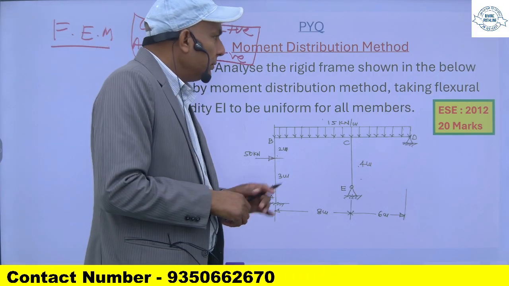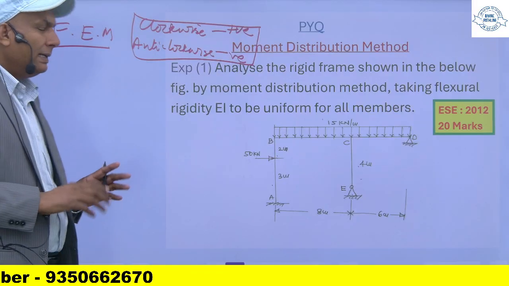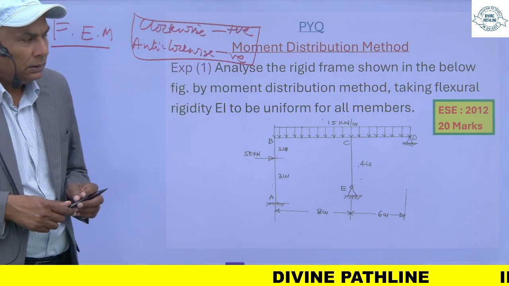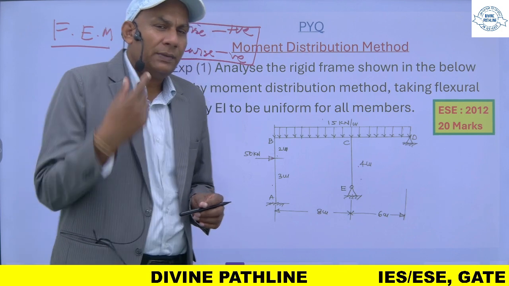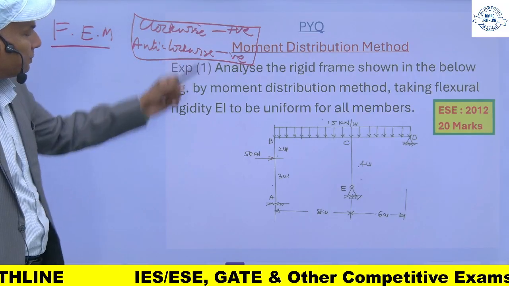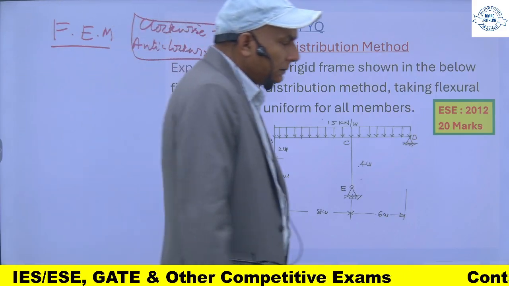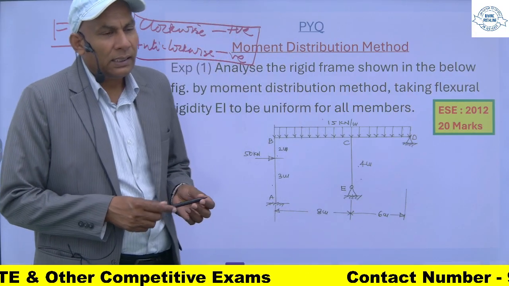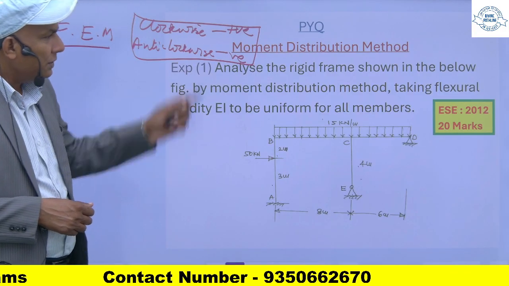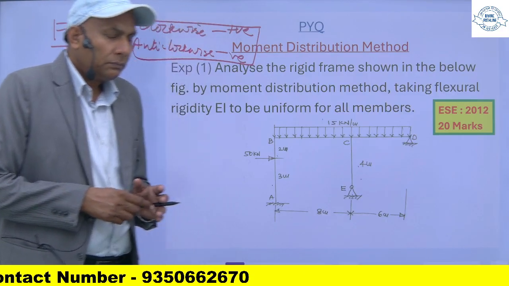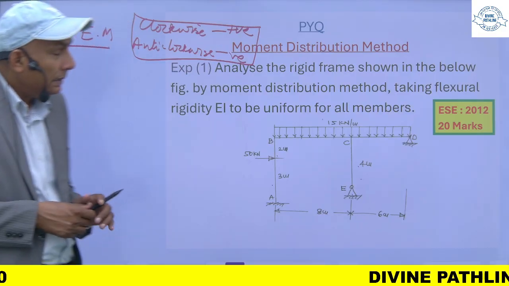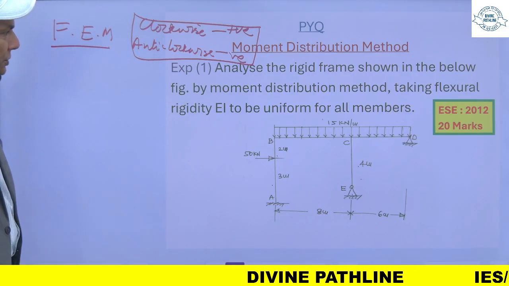Till then, use clockwise positive, anti-clockwise negative. In this ongoing chapter of moment distribution as well as in the coming chapter of slope deflection methods, the sign convention is as simple as that. Unless we come to drawing the final bending moment diagram, use these conventions, and while drawing the final BMD, we will use the concept of sagging and hogging.